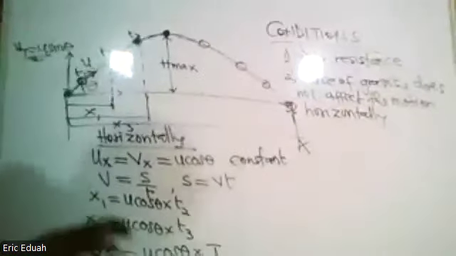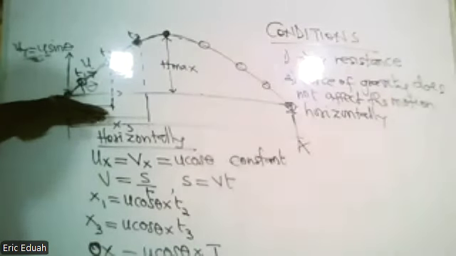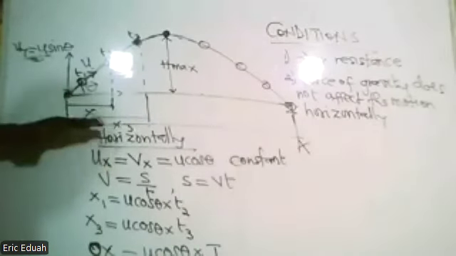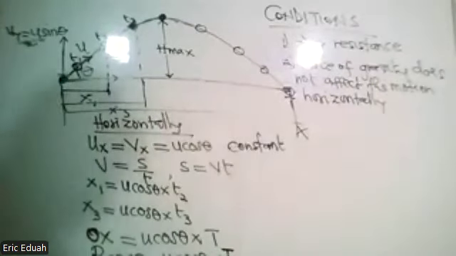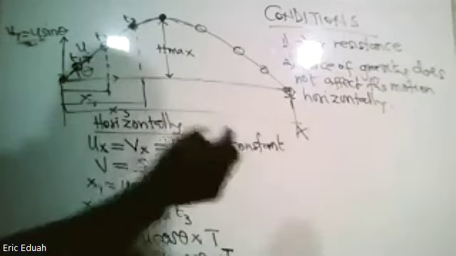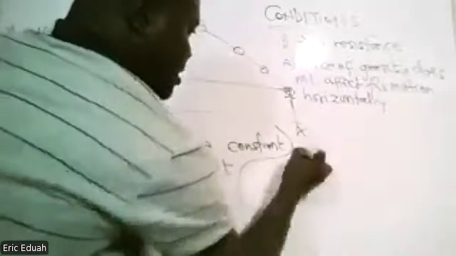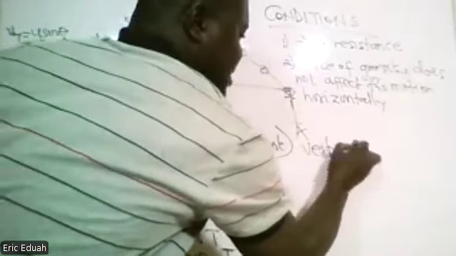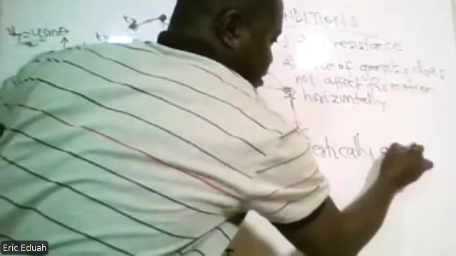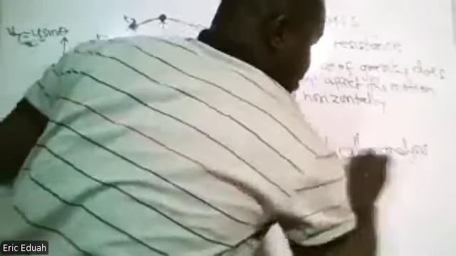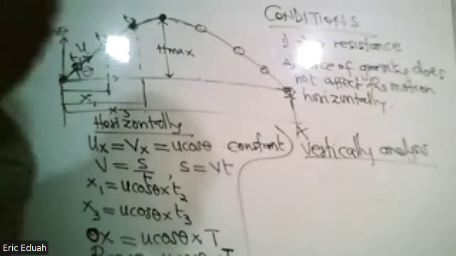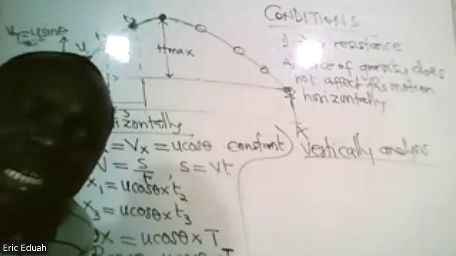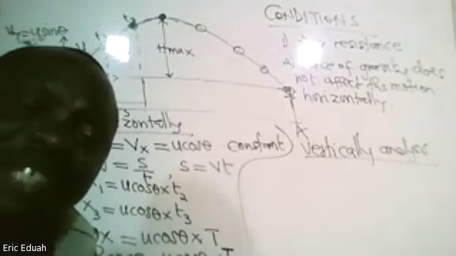So at any time t, this is how to calculate the horizontal distance traveled by the body. Now, when you analyze the body's velocity vertically, it changes. Under projectile motion, we are neglecting air resistance, but we can't neglect gravity.